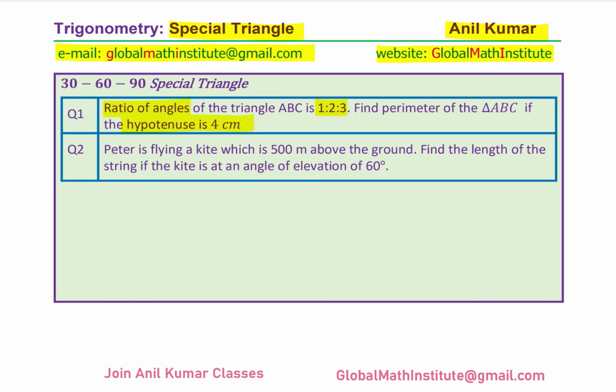Now let's look into the first question, where we are looking at a triangle ABC where the ratio of angles is 1:2:3, right? So now let us see how we solve such a question.